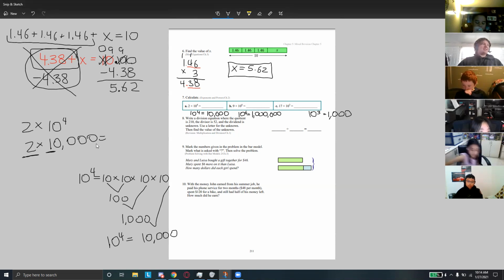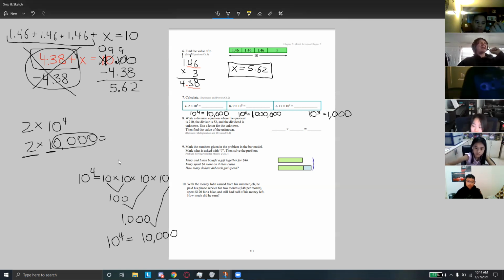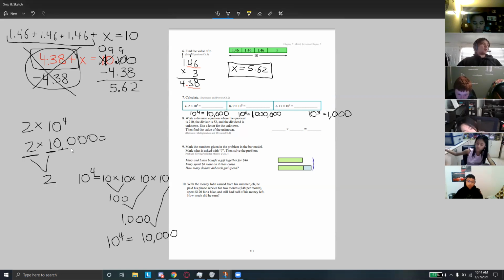And then, just like they write in the book, you don't add the zeros or anything, some weird number. You just write the 0s after. So in this case, 2 times 1 is going to be 2, and then there's 4 zeros after. So I'm going to write 4 zeros after for my answer. 1, 2, 3, 4. 20,000.